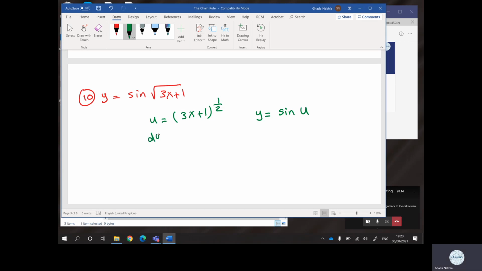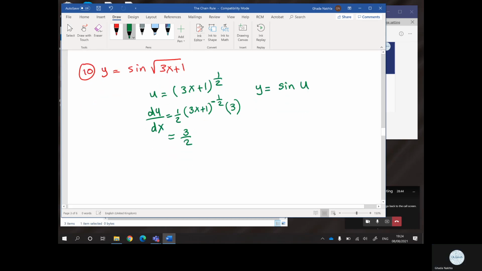Okay, differentiate du by dx, and I'm using the quick chain rule. So half, drop the power, decrease the power. A half minus 1 is minus a half, and then multiply by the derivative of what's inside the bracket, and the derivative of 3x plus 1 is 3. So this means it's 3 over 2 times (3x plus 1) to the minus half.